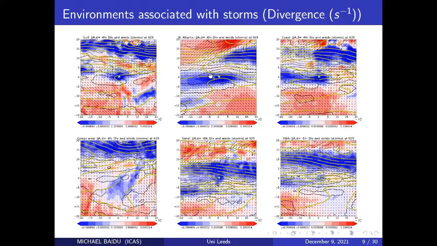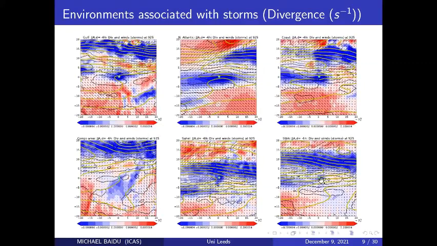So you see that the storms are mostly associated with the trough of the African easterly wave. The strong mid-level relative vorticity is an indication of the African easterly wave, and that is basically what you see in most of the regions.